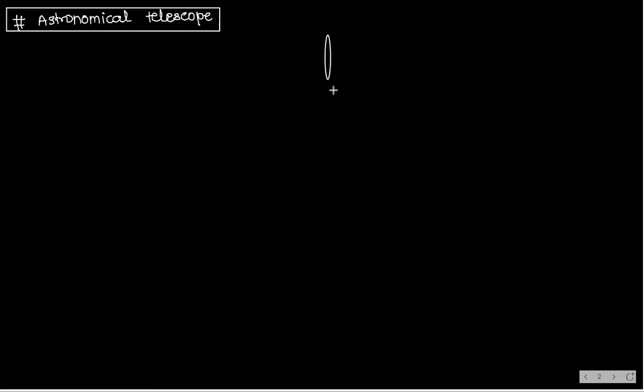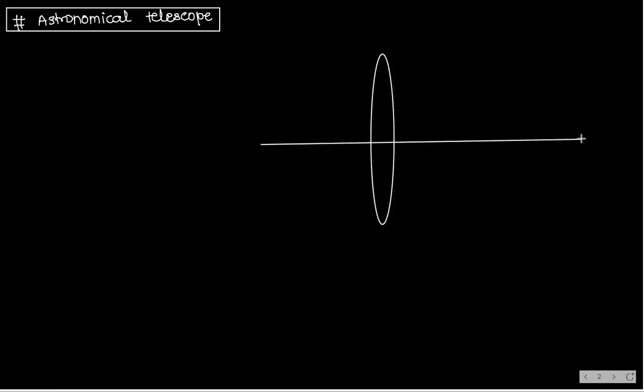But compound microscope was consisting of the small focal length lens as an objective, but here it is a little bit different. The lens which has more focal length, we are using here as objective lens, and the lens which has less focal length, we are using as eyepiece. Okay, so let's see how it is.